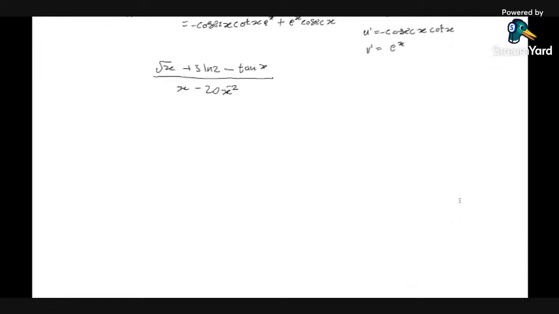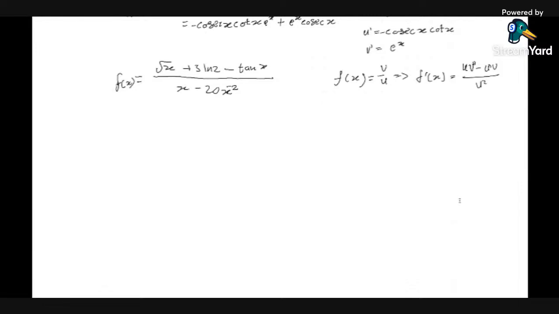If you have f(x) equals v over u, usually the derivative f prime of x is given by u, the denominator, times the numerator's derivative, minus u prime v, divided by u to the power of 2. So what is your u and what is your v?